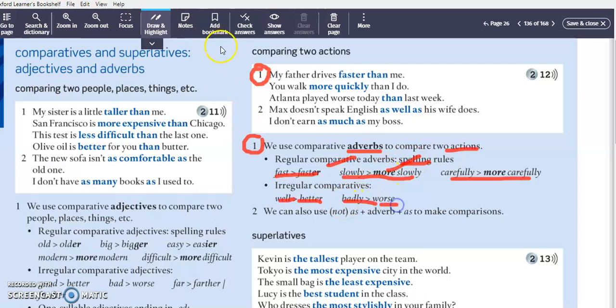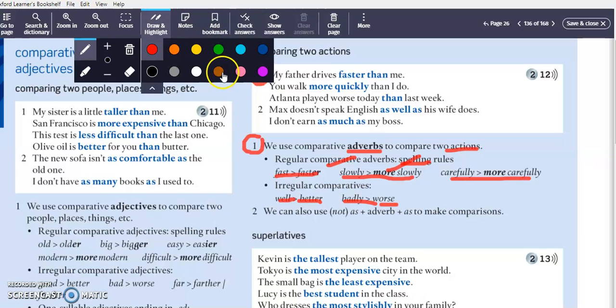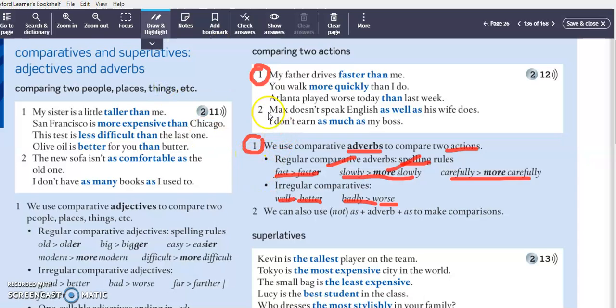We can also use number 2: not as, adverb, as, to make comparisons. Let's listen to this part.